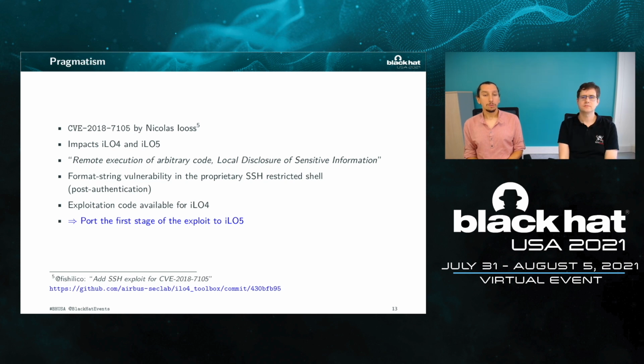It impacted iLO 4 and 5. It is a remote execution of arbitrary code in the proprietary SSH restricted shell. The vulnerability is a format string, and Nicolas released exploitation code for iLO 4. So what we did was port the first stage of this exploit to iLO 5.